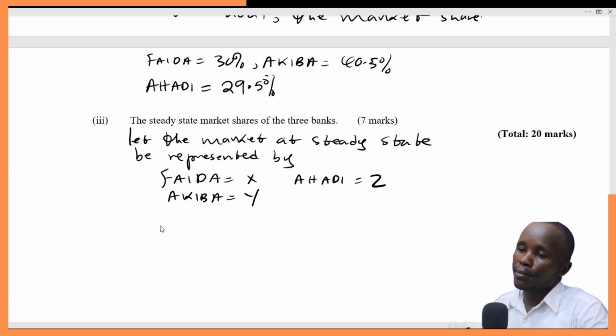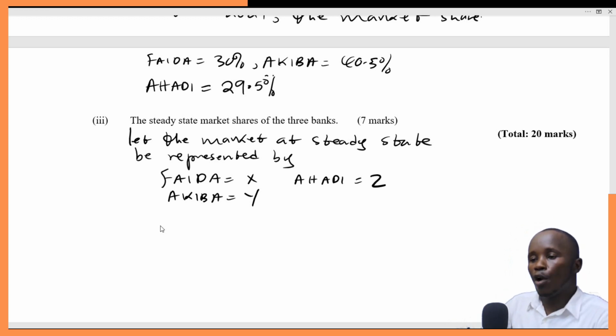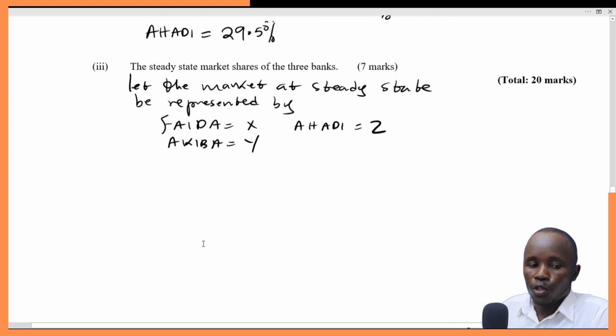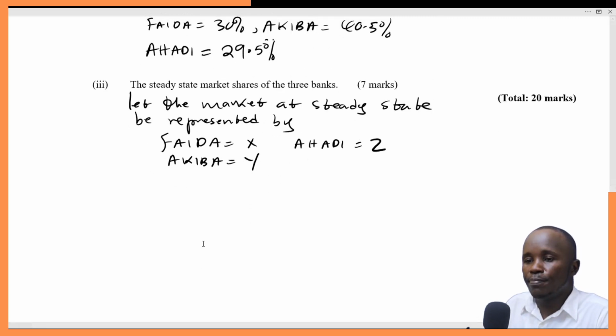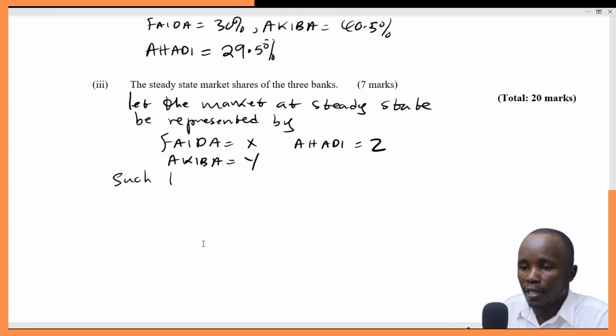We are looking for this market share where there are no more movements of customers from one bank to another. These percentages should add up to 100, and their probabilities should add up to 1, such that X plus Y plus Z gives you 1.